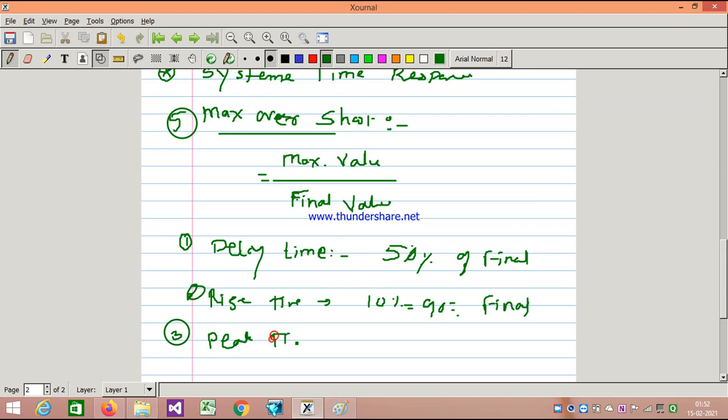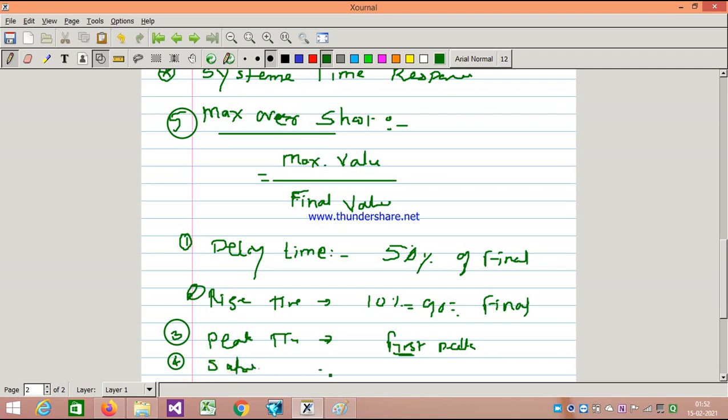Peak time means the time required for the response to reach up to the maximum or first peak of the response. The fourth parameter is the settling time.